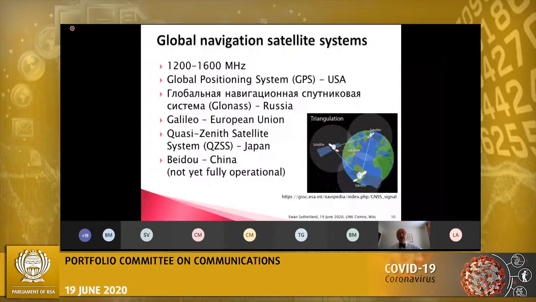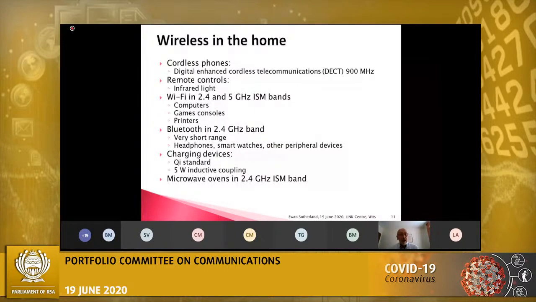We have those in our mobile phones, we have those in our cars, and we just use that. In most homes, we're finding more and more wireless technologies, like cordless phones in the 900 megahertz band, which is an unregulated band, but usually because it's in the home, it's not a problem.